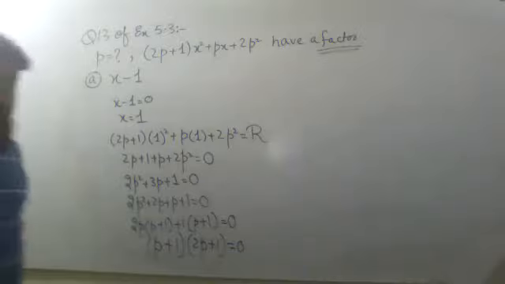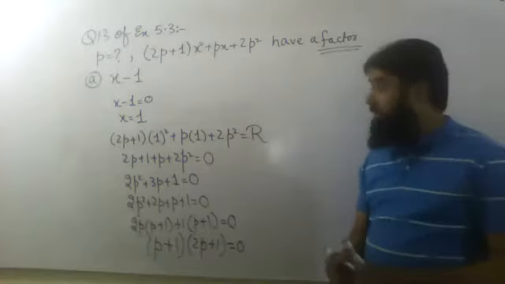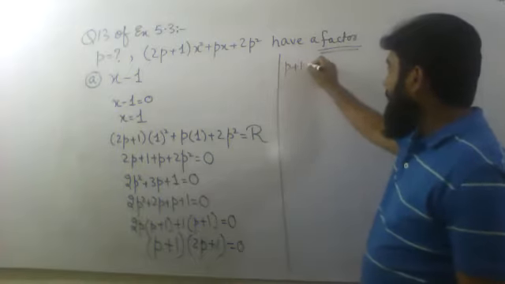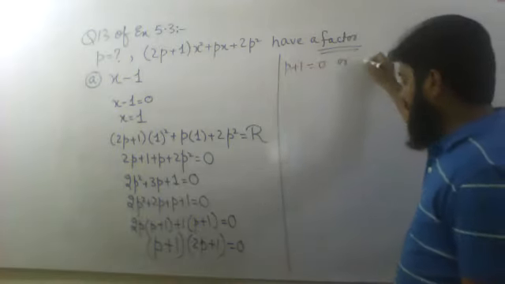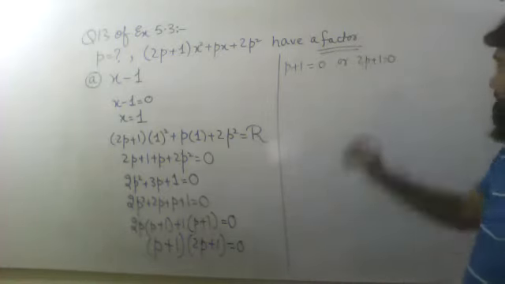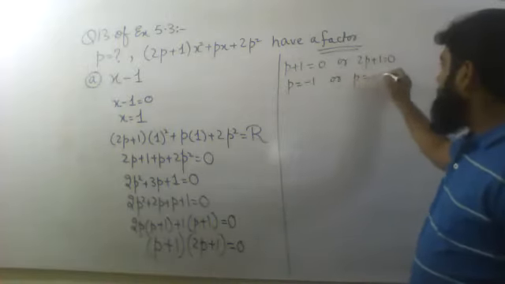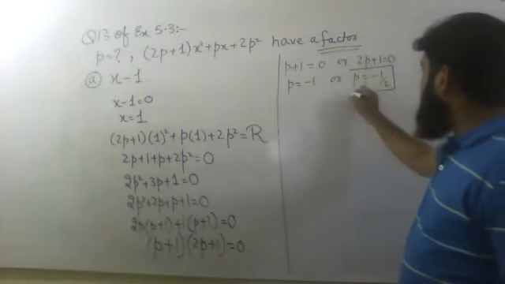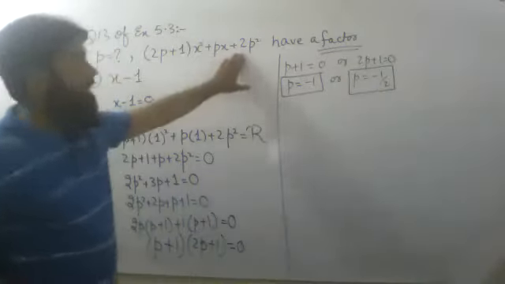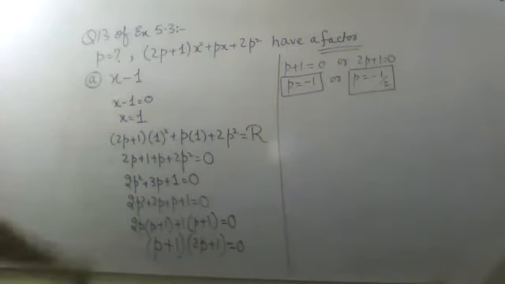When product of two brackets or two variables is coming 0, it means one of them should be equals to 0. It means either p plus 1 is equals to 0 or 2p plus 1 equals to 0. Right? Simplifying it, p equals to minus 1 or p equals to minus 1 over 2. These are the values of p which, if I plot them over here, will make it exactly divisible by x minus 1.